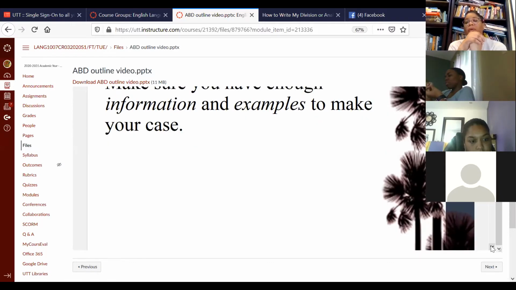So now that you do that, make sure you have enough evidence, enough examples you can draw on, right? So if you're talking about a university as an educational institution, you have a lot of information. You're currently taking classes, so that's first-hand information there.